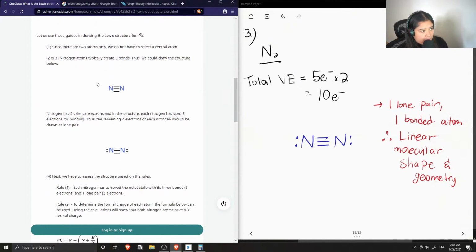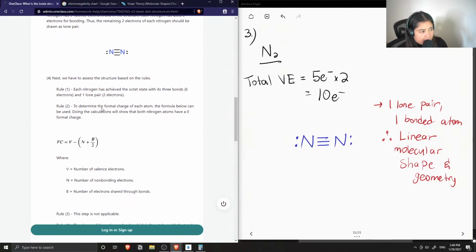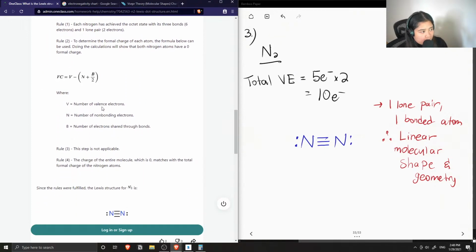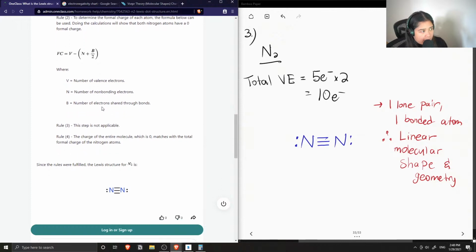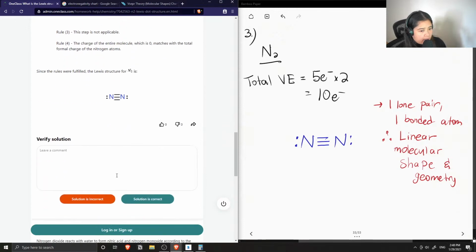So they summarized how to do it for diatomic nitrogen. Nitrogen atoms typically create 3 bonds, so they showed the triple bond and the remaining 2 electrons for each nitrogen. They showed how we would calculate for formal charge and got the correct Lewis structure. So this solution is correct.